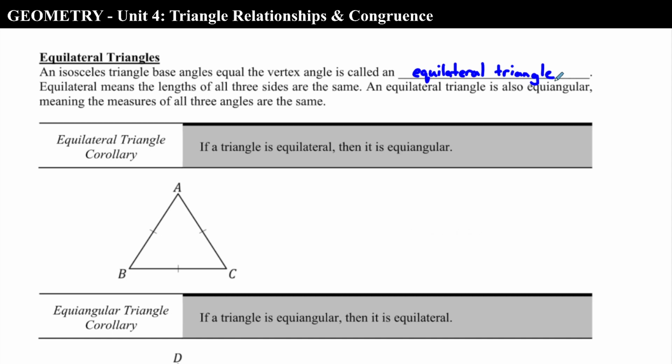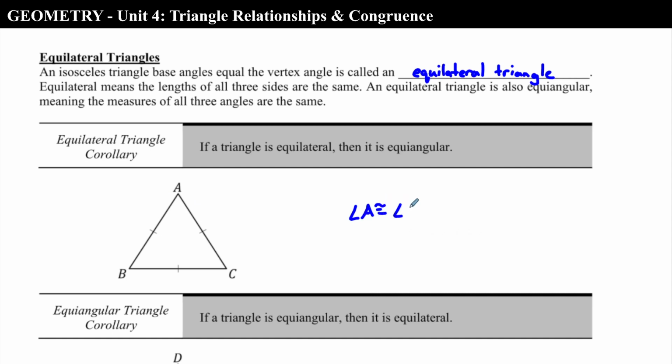So, the equilateral triangle corollary. A corollary is just something that comes off of an established theorem. So this corollary is a result of the isosceles triangle theorem, and it states that if a triangle is equilateral, then it is also equiangular. The equiangular triangle corollary says if a triangle is equiangular, then it is also equilateral. So in this first one, since we have all the sides the same, then we can say that all the angles are the same.